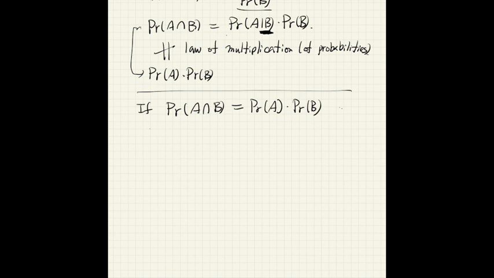Then we say A and B are independent. So this is the defining equation for independence of two events.